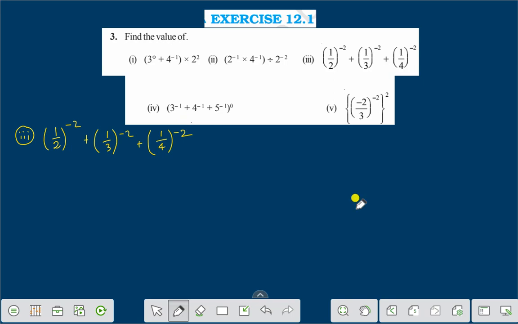Here we will apply the formula a to the power minus m is equal to 1 by a to the power m.